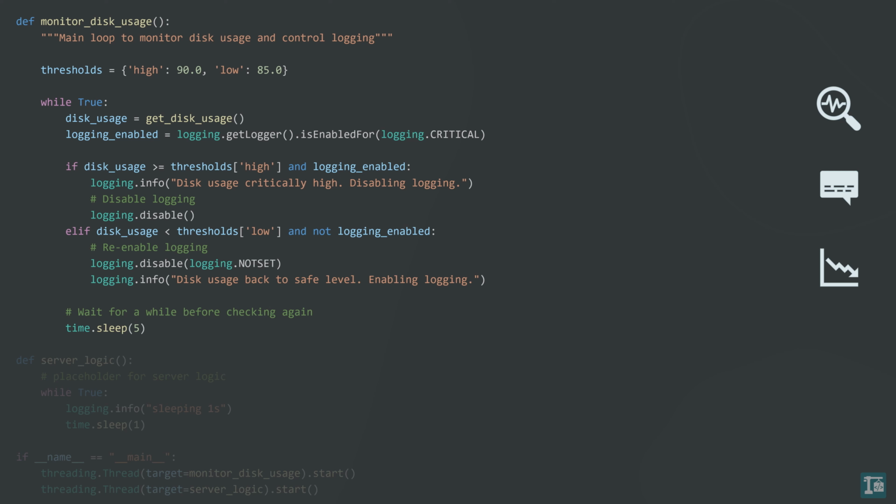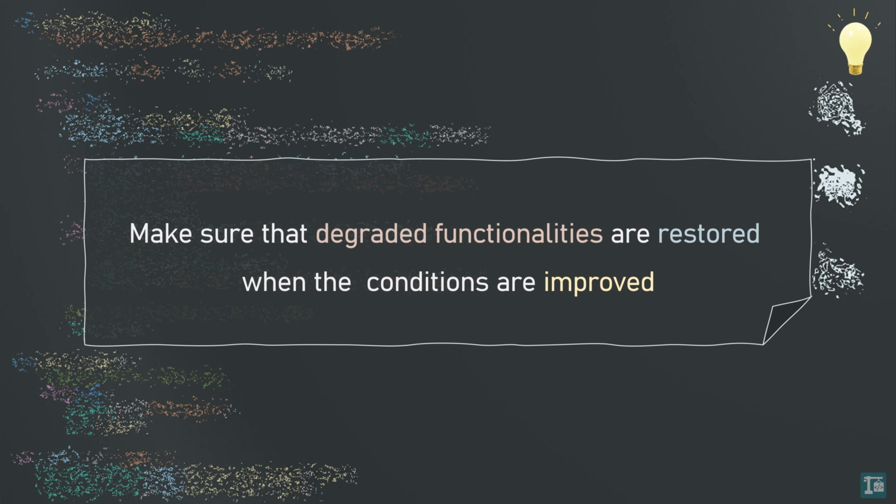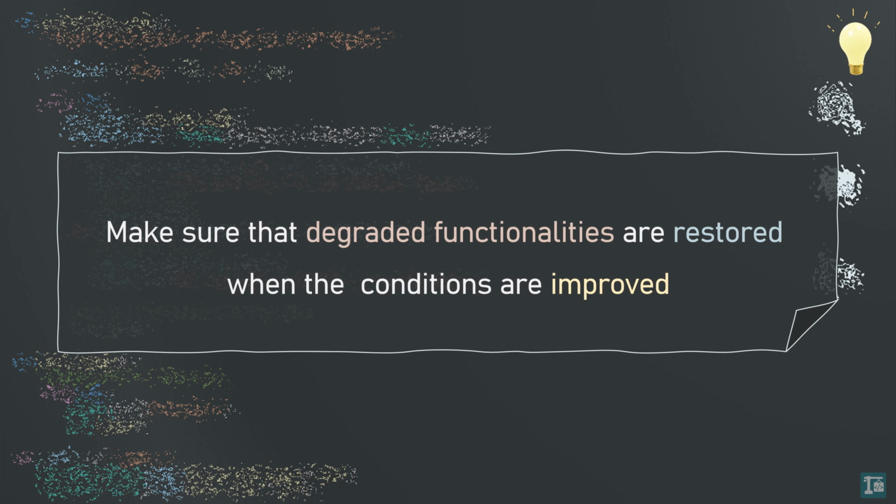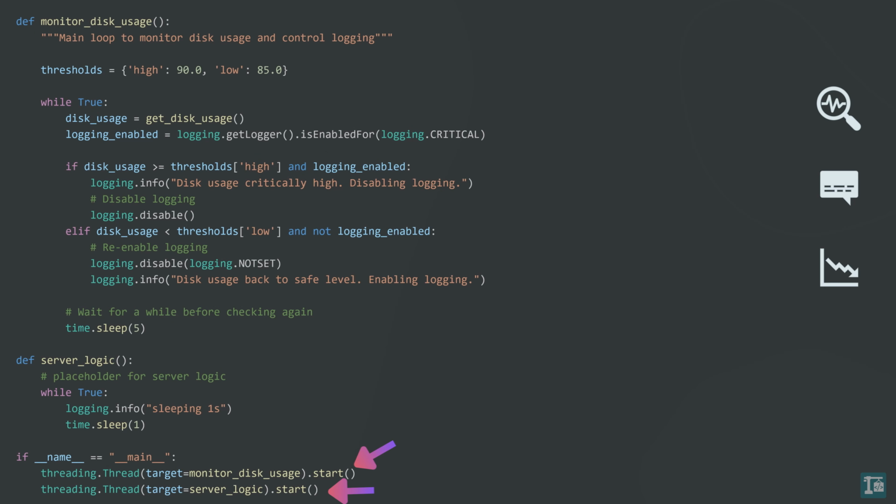Before disabling logging, a message is written in the log to notify administrators that logging is disabled. Whenever this usage goes below the threshold, we enable logging. Monitoring should continue after graceful degradation of functionalities, and the functionalities should be restored automatically when the conditions improve. Monitoring runs concurrently with the server's core functionalities.